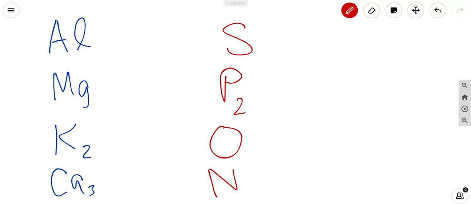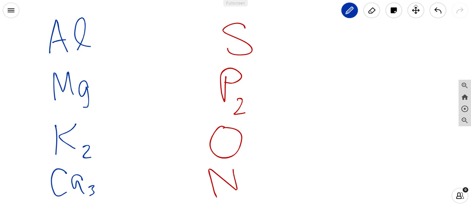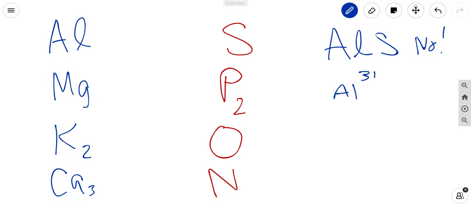So here's how I would attack this. Can I have a compound? Let's just go straight across. Can I have a compound that's AlS? Yes or no? The answer is no. You kind of have to go through the whole process. Al is 3 plus, S is 2 minus. So this should be Al2S3. So I can't match it. So what can I match Al with?